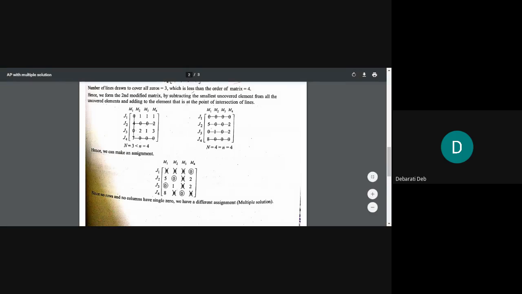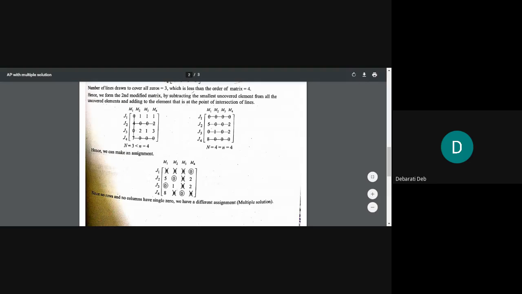Okay, then after that you draw a fresh matrix. The numbers will be the same as the previous one, but you will not draw the lines. You will just write the numbers in a fresh matrix. Give the heading M1, M2, M3, M4, J1, J2, J3, J4 on the row side and put the numbers as they are, taking them from the previous matrix.